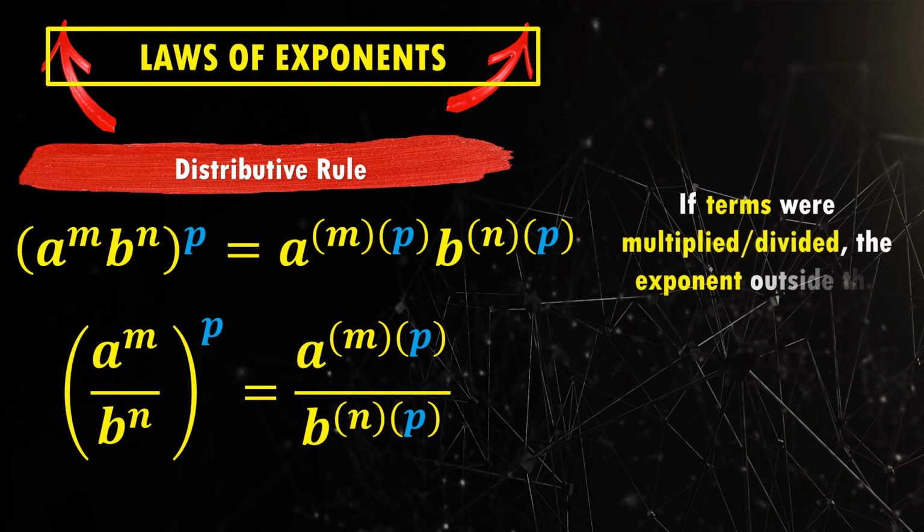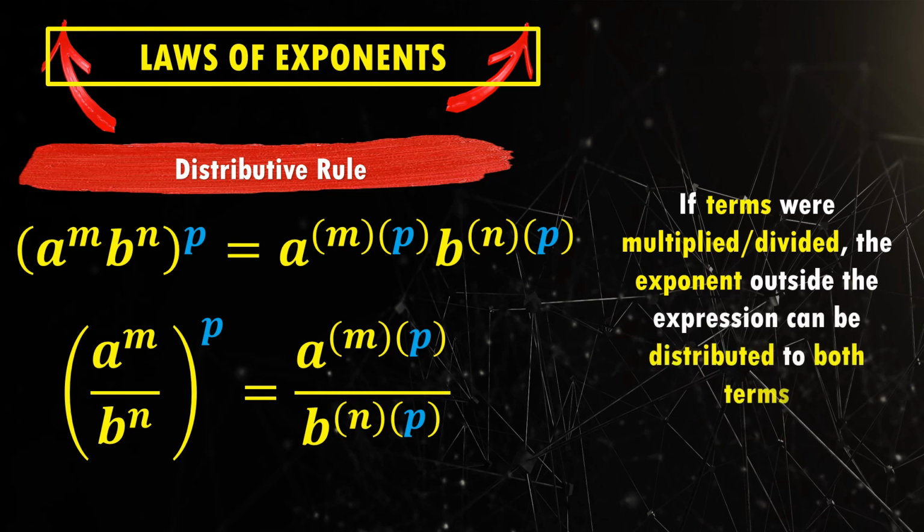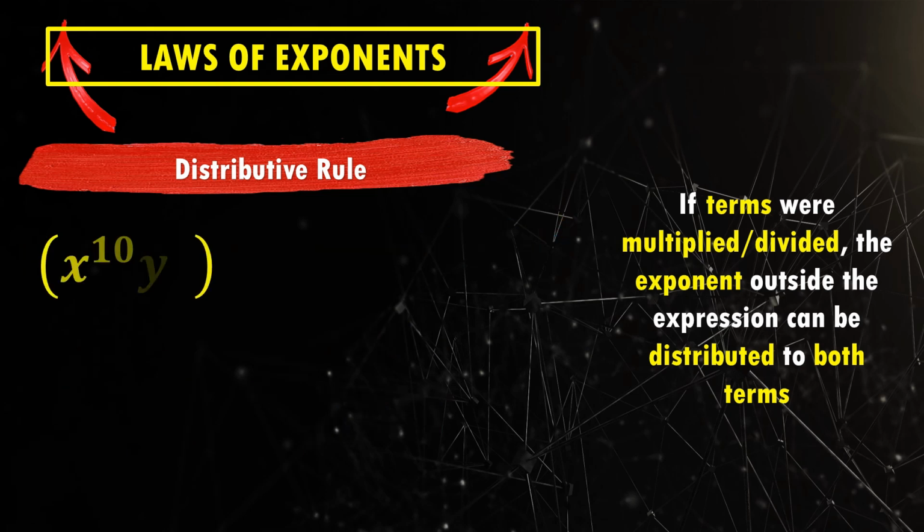So if terms were multiplied or divided, the exponent outside, which is yung p, can be distributed to both terms. Okay. So for example, we have x raised to 10, y raised to 5, raised to 2, is equal to x raised to 20, y raised to 10.